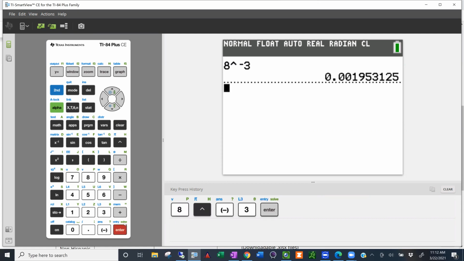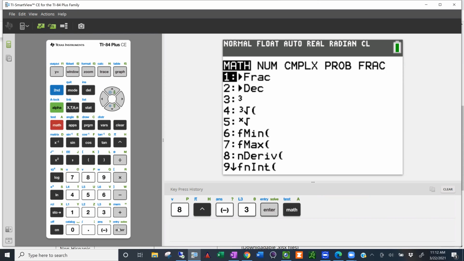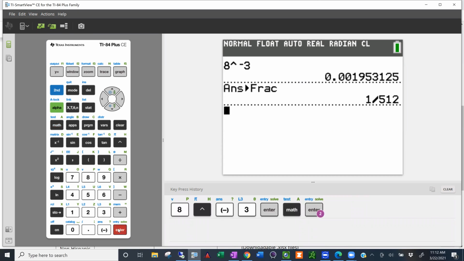Doesn't look like 1 over 512. But if you hit the math key and then press enter twice, it'll turn that into a nice fraction. So 1 over 512. Yay, looks good. We okay with that first example?